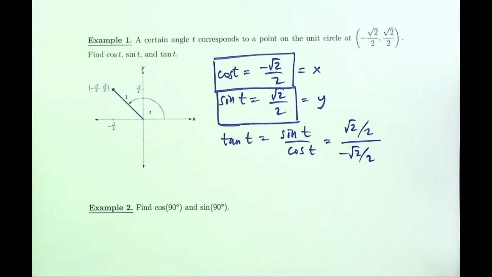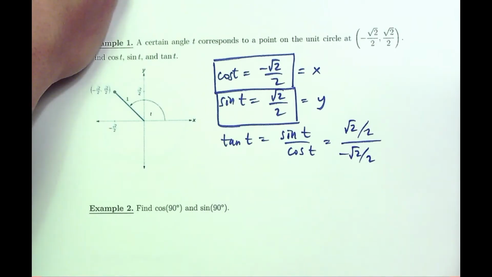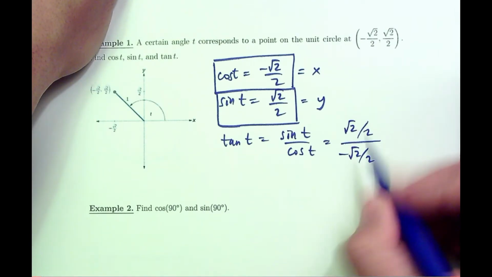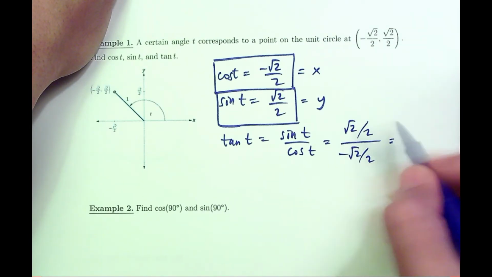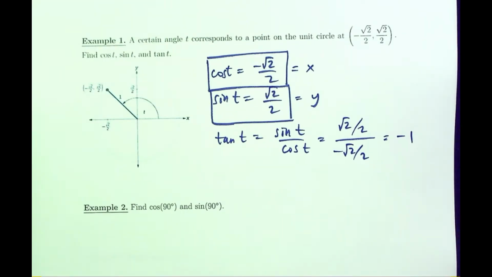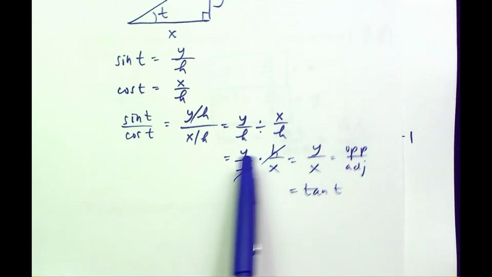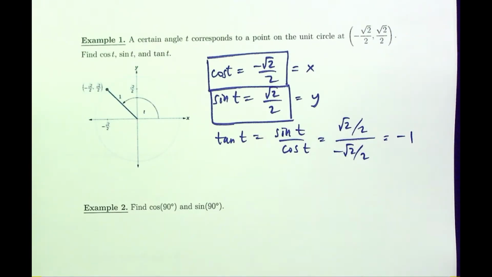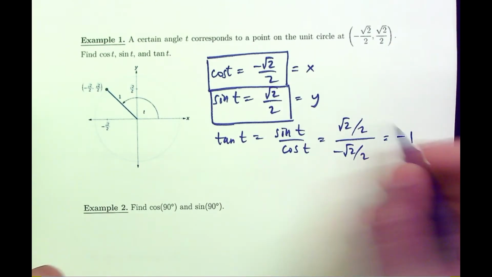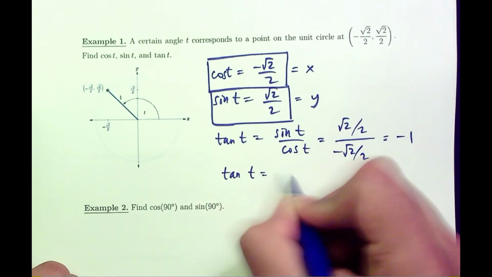Now, note that the top and the bottom are exactly the same, so they just cancel and you get negative 1. Or you can just do it like this: dividing by something is the same thing as multiplying by the reciprocal, and if you carry that out you'll see that everything cancels. You're going to get negative 1. So tangent of t is negative 1.